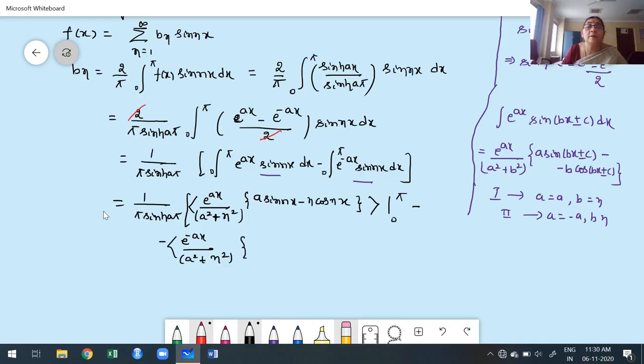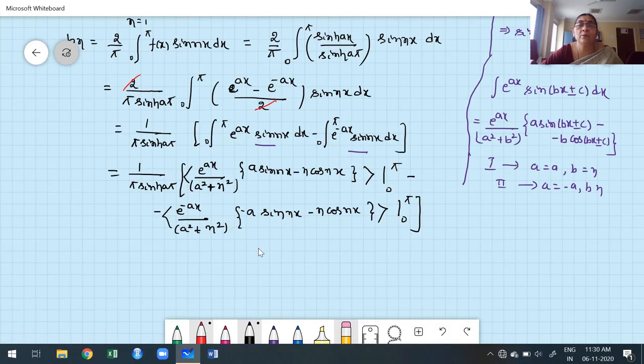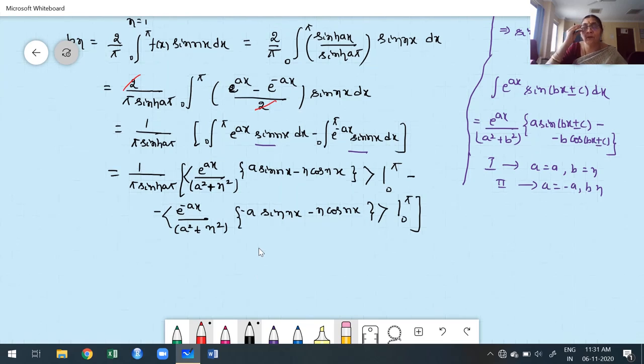The function is nothing but minus a sin nx minus n into cos nx. What's the limit? 0 to pi. Okay, now I think it's clear, it's all written on the board, which formula we are using here for view formula.